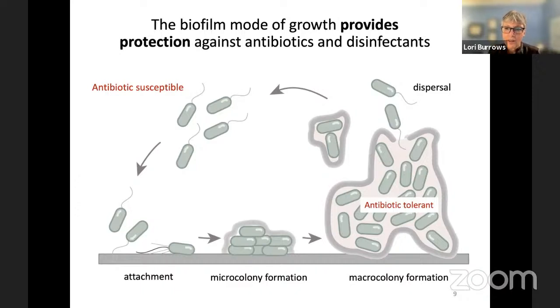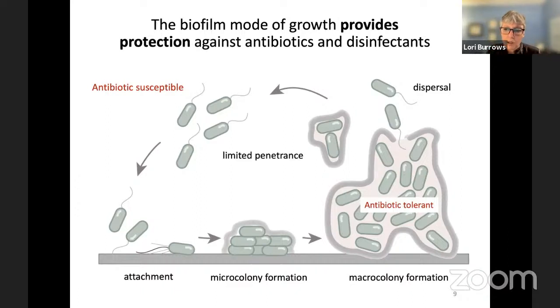Antibiotic tolerance is more about the way you are growing, because if you take this biofilm and you disaggregate it, so you disperse all the cells back into a planktonic form, they will become susceptible again. So they're only tolerant of the antibiotic while they're growing as a biofilm. They haven't had any permanent changes within that biofilm that make them forever resistant, right? So then we just think of that as tolerance. So it's something about the way they're growing.